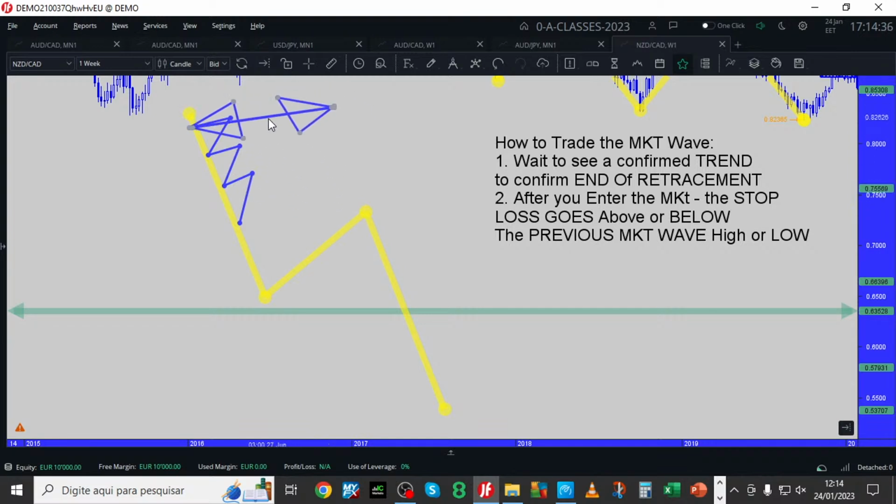We are going to trade the yellow market wave, and I'm telling you, wait to see a confirmed trend to confirm the end of retracement. Is the end of retracement going to happen here? Market making lower lows, lower highs. Type in the chat, yes or no. Is this leg an extension leg or is this yellow leg a retracement leg?